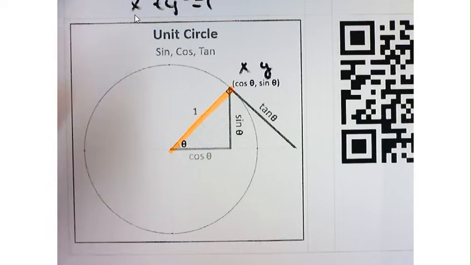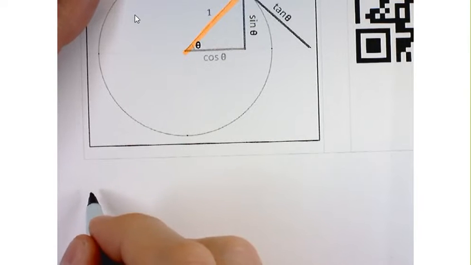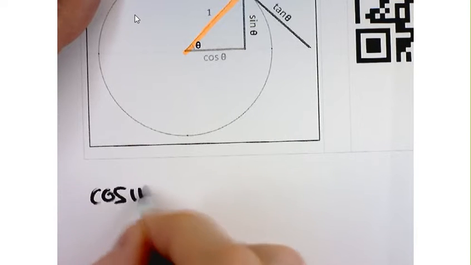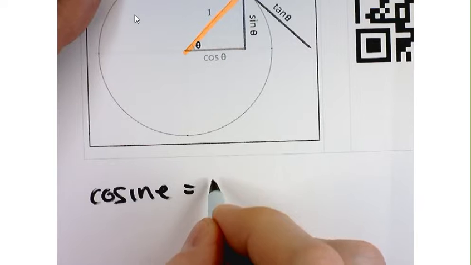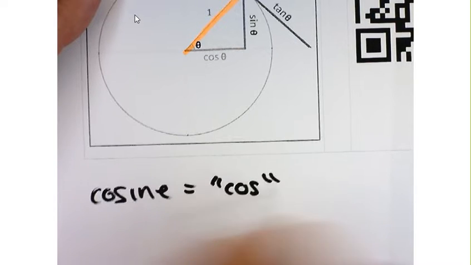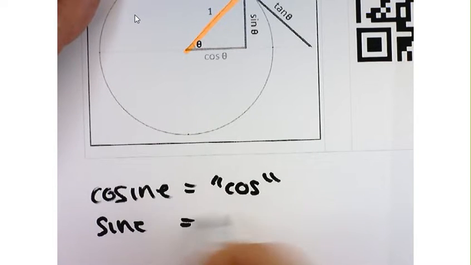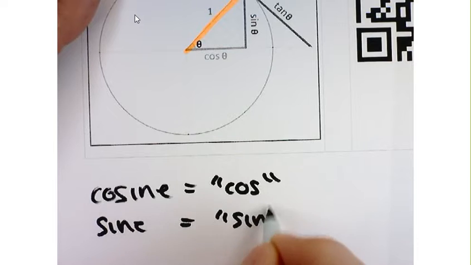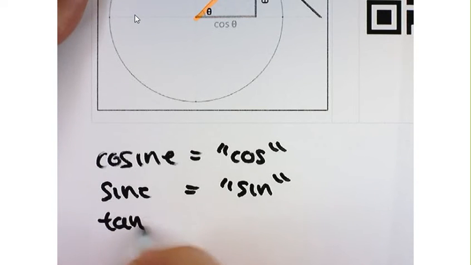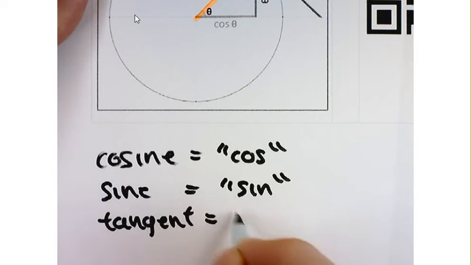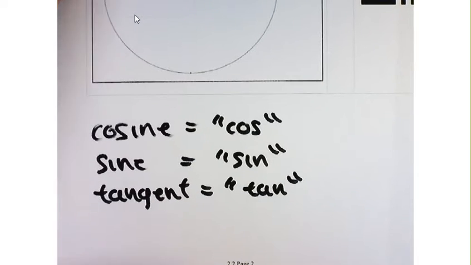So, just to write these out once, cosine is going to be abbreviated as COS. Sine is going to be abbreviated as SIN. And tangent is going to be abbreviated as TAN. So if you've ever looked at your calculator and wondered, what's cos, sin, and tan all about?